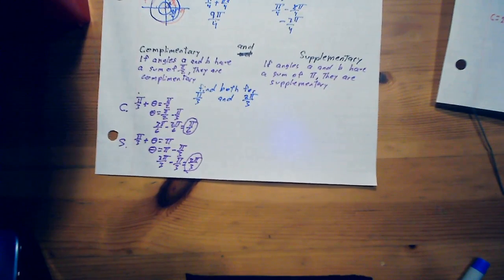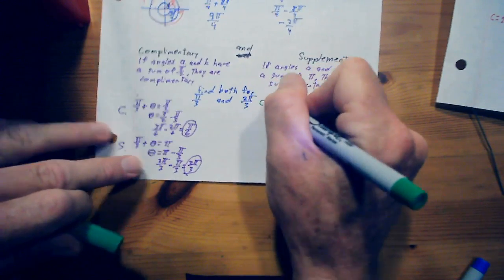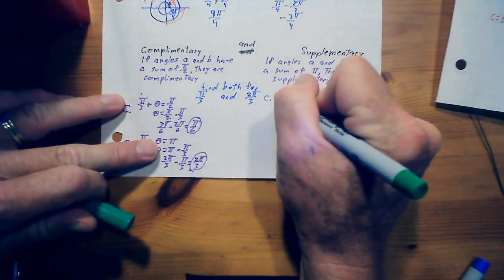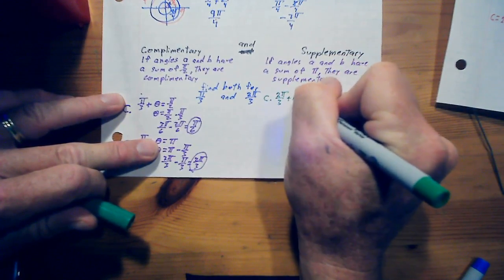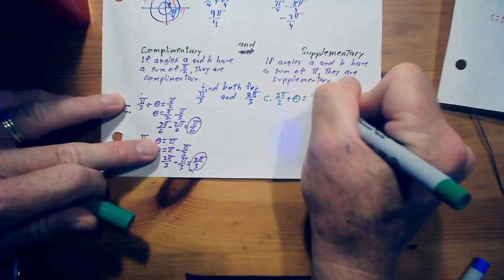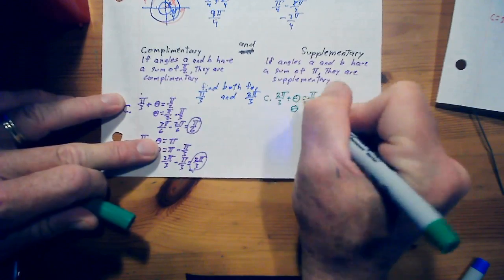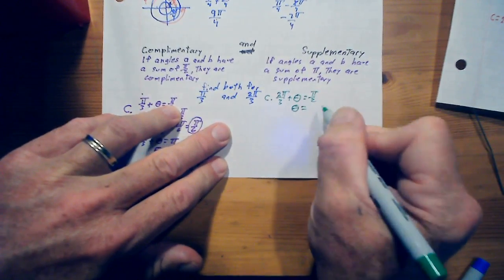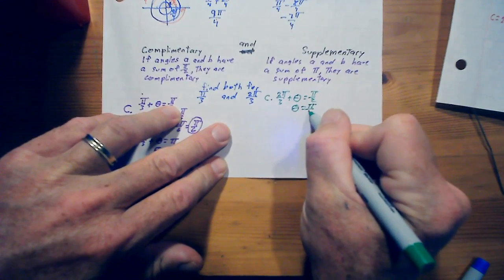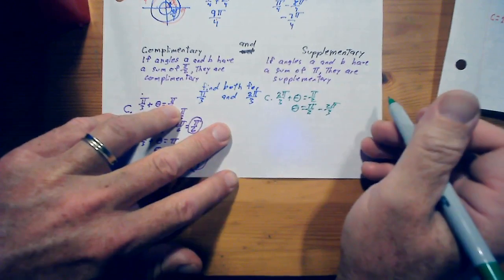Let's take a look at this 2 pi over 3. I'll find its complement first. 2 pi over 3 plus some angle equals pi over 2. Therefore, that angle I'm looking for equals pi over 2 minus 2 pi over 3.